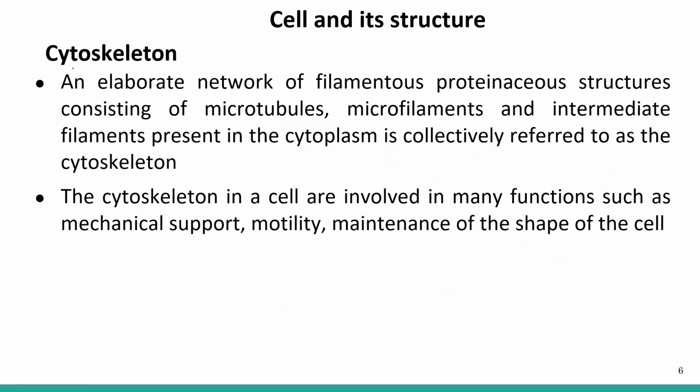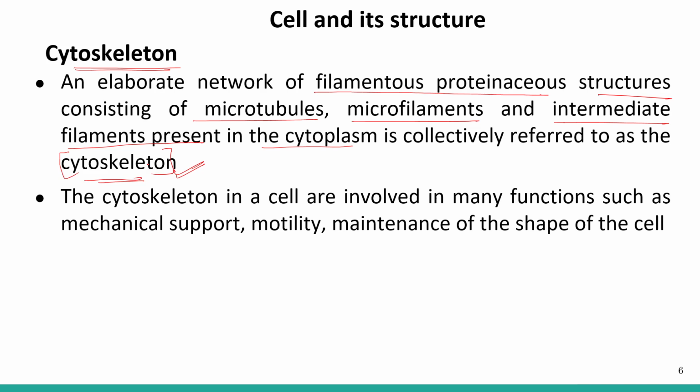Next, we are going to study the cytoskeleton. An elaborate network of filamentous proteinaceous structures consisting of microtubules, microfilaments, and intermediate filaments present in the cytoplasm is collectively referred to as the cytoskeleton.